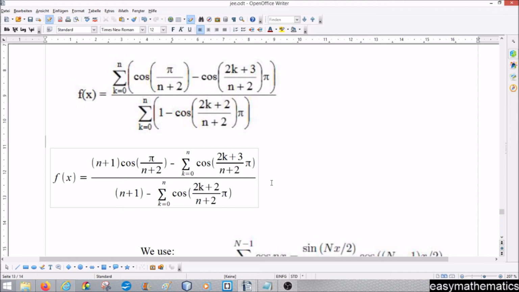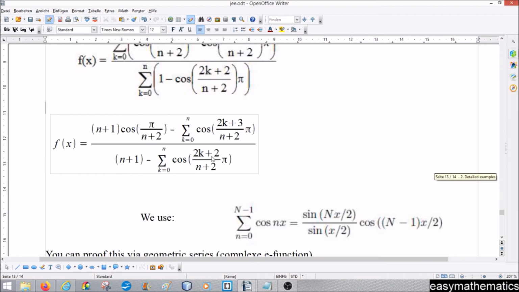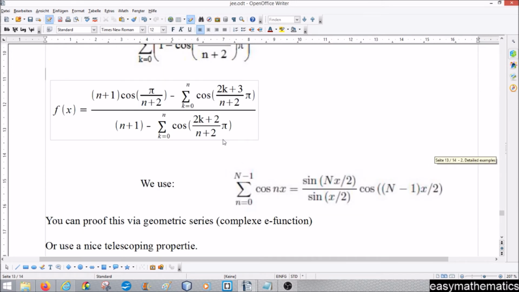If you have a sum of sines or cosines, there is a nice identity for this, and here we will use this fact.